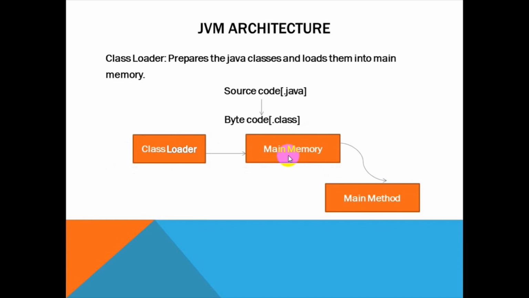Class loader. When you compile a Java source file, it gets converted into bytecode as a .class file. When you try to use this class in a program, the class loader loads it into main memory. The first class loaded into memory is usually the class that contains the main method.